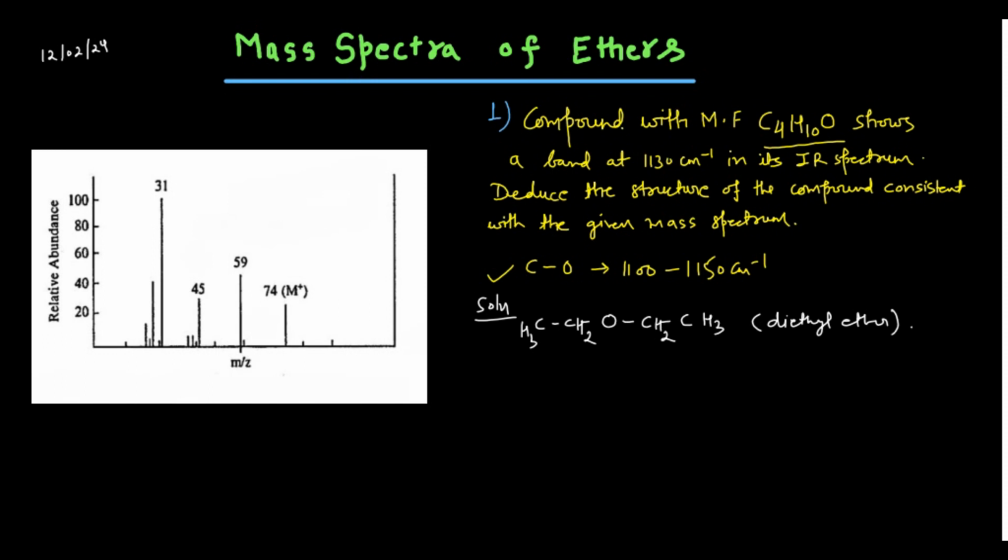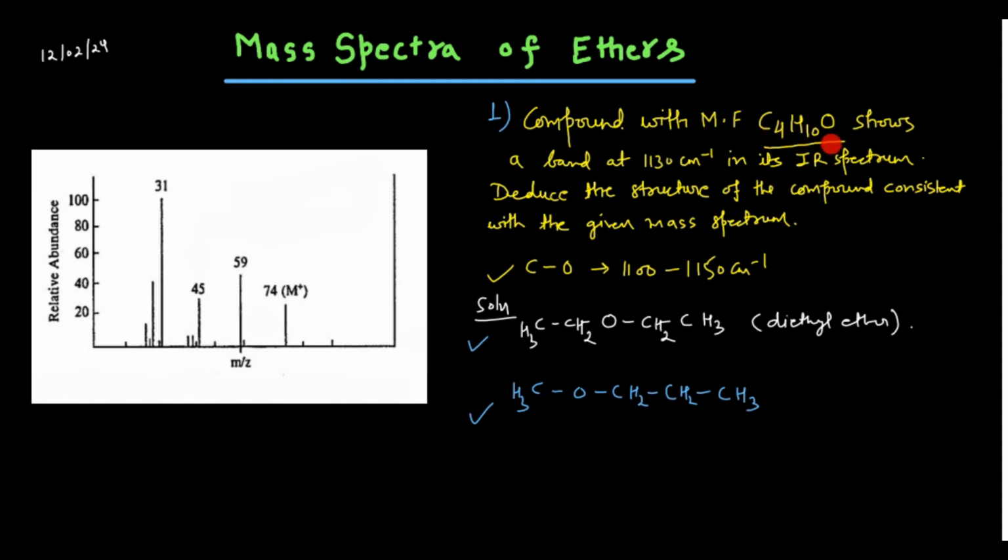But another possible structure for this molecular formula is CH3O CH2 CH2 CH3, right? This is your methoxypropane or methyl propyl ether, right? Only these two structures are possible for this molecular formula.